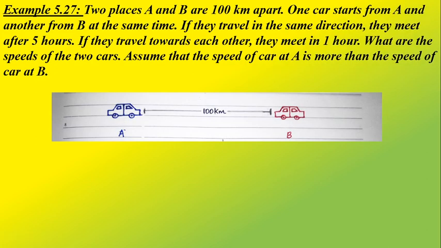So let's imagine this scenario. We have two places A and B, and they are 100 km apart. One car starts from A and another from B at the same time.